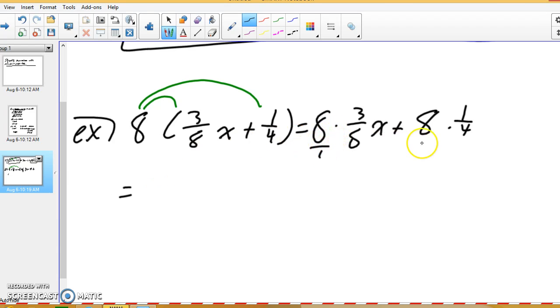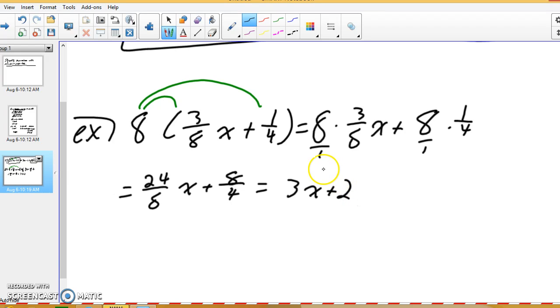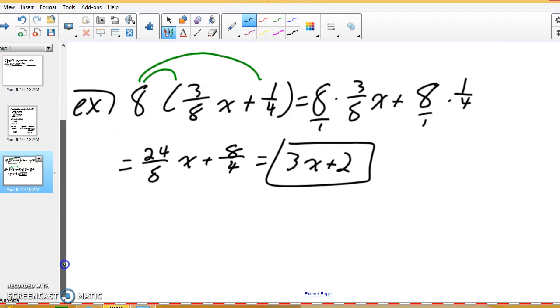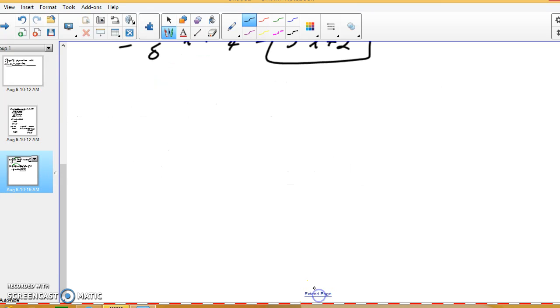So that's 8 over 1, so 8 times 3 is 24 divided by 8 x plus 8 times 1, that's 8 over 4. And this can be simplified down to 3x plus 2. So again, we use the distributive property to simplify this more complex expression into this shorter, more easily read expression.